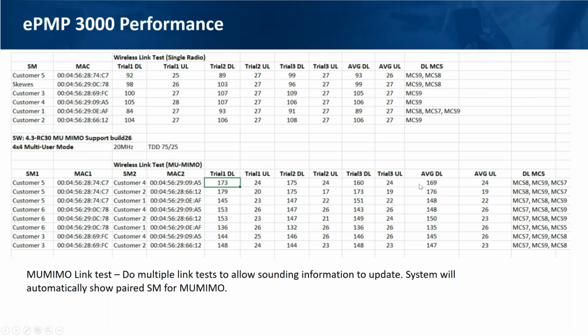But here, as you go into the 2 subscribers, their individual conditions make the modulation distribution a little bit more distributed. But the important point is if you look at these numbers, 93, 99, 105, you start seeing 169, 176, 148. There's a substantial increase in the AP throughput. This is the most important value proposition that MU-MIMO brings to the table.